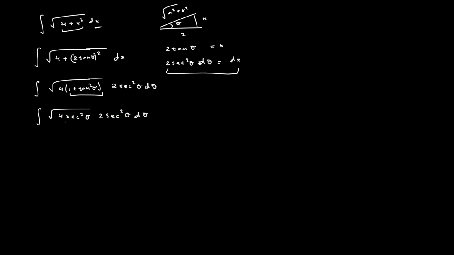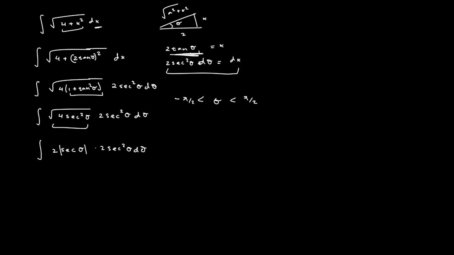Simplifying this, I get 2 times secant theta, the absolute value, times 2 secant squared theta d theta. But because of the reversibility rules, once I substituted in 2 tangent theta is equal to x, I'm restricting theta between pi over 2 and negative pi over 2.